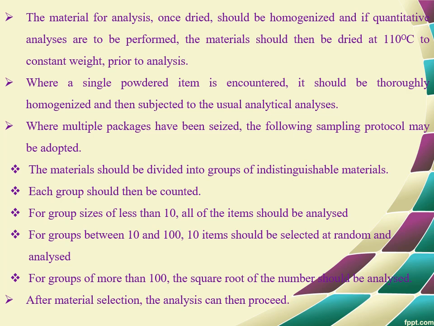For groups between 10 and 100, 10 items should be selected at random and analyzed. For groups of more than 100, the square root of the number should be analyzed. After material selection, the analysis can then proceed as TLC analysis, GCMS analysis, or HPLC analysis.